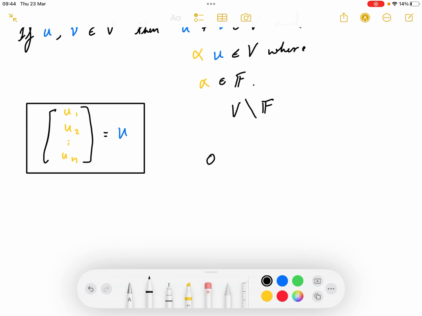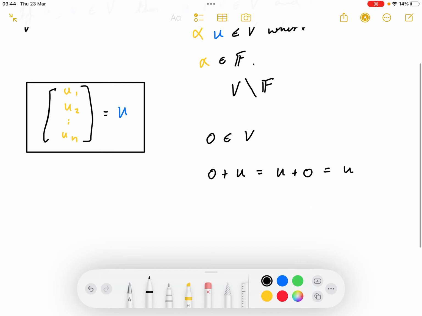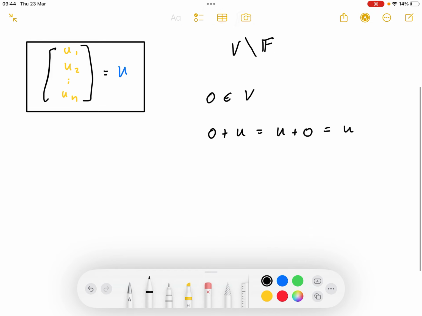So we know there's a 0 in the vector space. And what 0 does is if we do 0 plus something u, let's say, so we said u is in the vector space, 0 plus u is equal to u plus 0 is equal to u. Okay. Also, we know that 0, as in the field. I'm going to put a little vector symbol if the zeros are vectors.